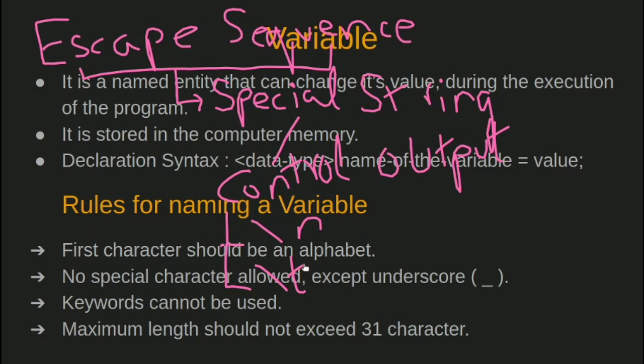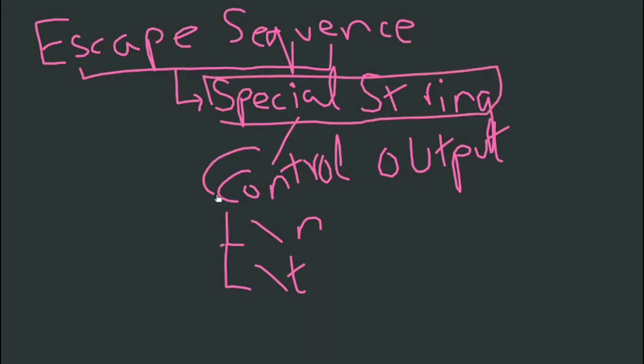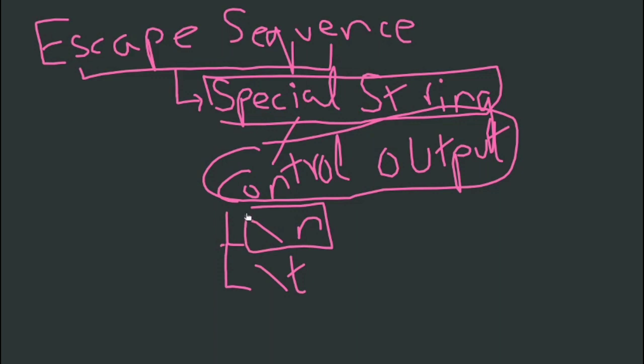So what is an escape sequence? An escape sequence is nothing but a special string which is used to control the output. Some examples of escape sequences: \n, which gives a new line whenever it encounters it, and \t, which gives a tab space.